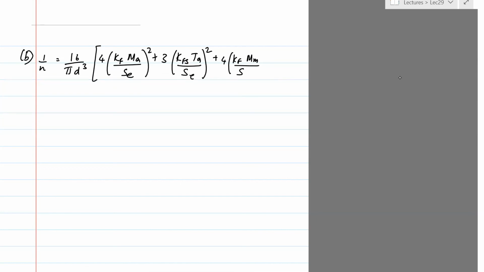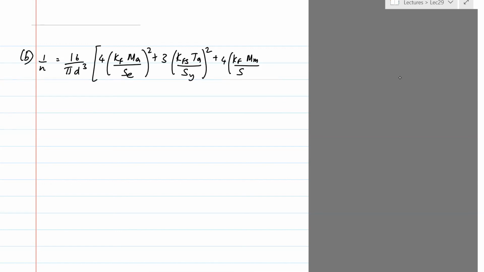Let's see. You can quickly check this formula. This is right.